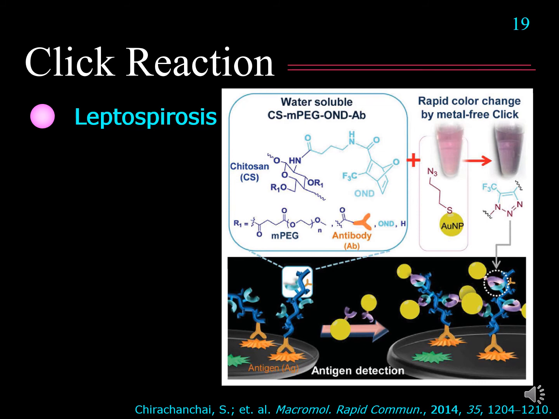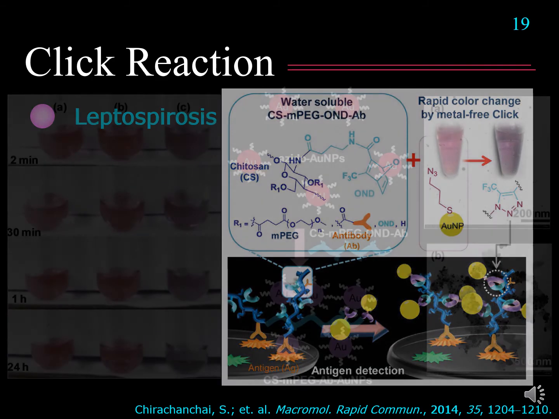With a very long polymeric chain here, we can attach more than one gold nanoparticle on the surface. So this can enhance the detection of the gold by our naked eyes.